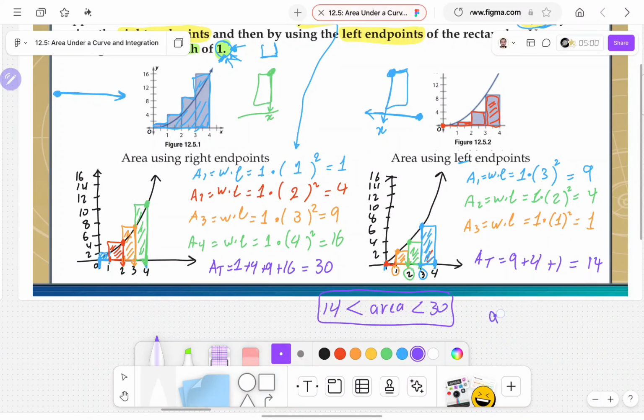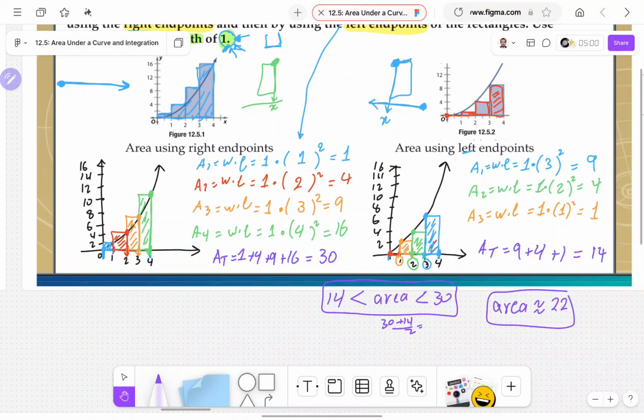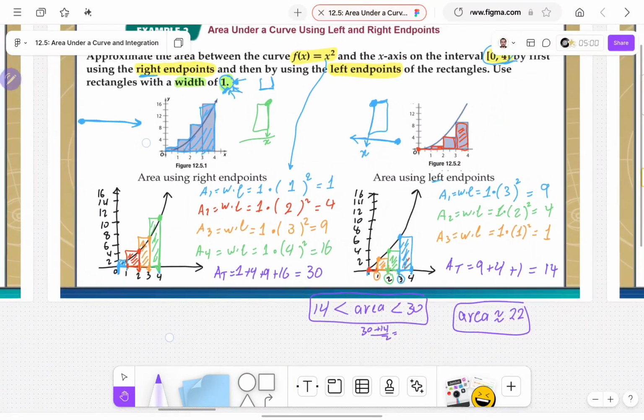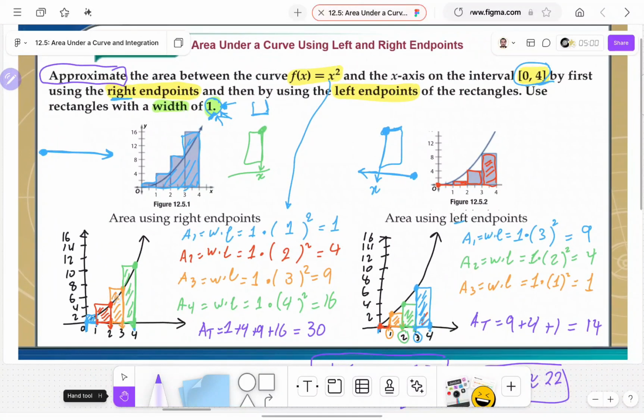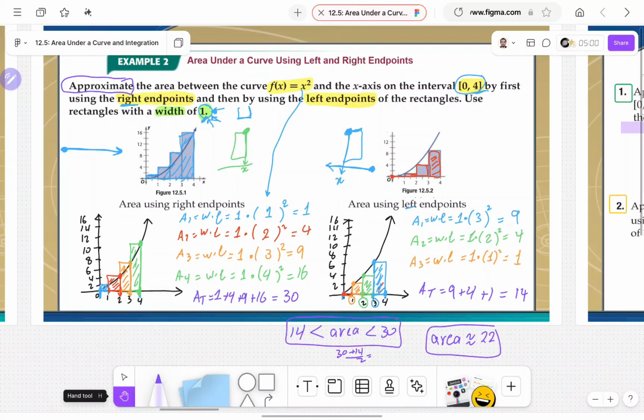I will say the area should be 22. Why 22? Because 30 plus 14, divided by 2. So the answer is equal to 22. This is not the actual area, it's the average area, because the question is asking me to approximate. So of course the area that you get is not the exact area. I hope you understand.